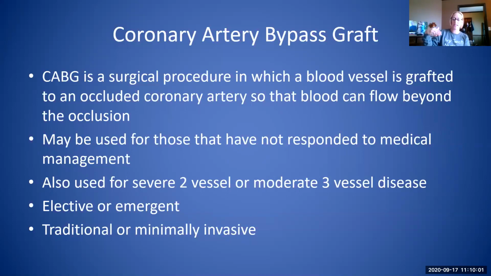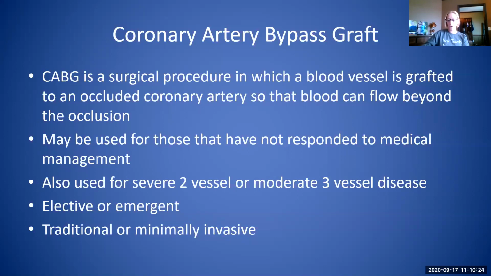It's bypassing the occluded artery, hence the name bypass. Sometimes it's used for those that have not responded to medical management. It can also be used if they've got severe two-vessel disease or moderate triple vessel disease. It can be elective or emergent, and it can be done traditionally or minimally invasively.